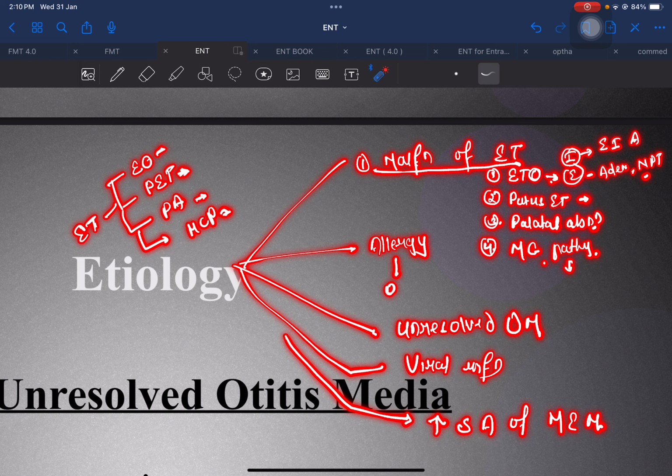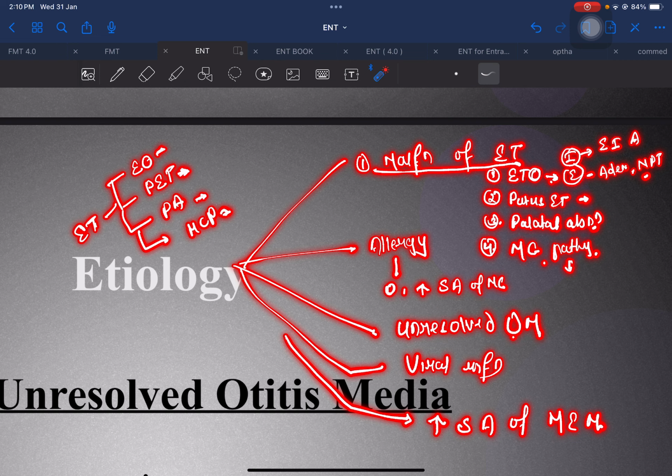It can lead to obstruction, as we talked about in eustachian tube obstruction, and also an increase in secretory activities of the middle ear. That is how allergy plays a role in causing otitis media with effusion.